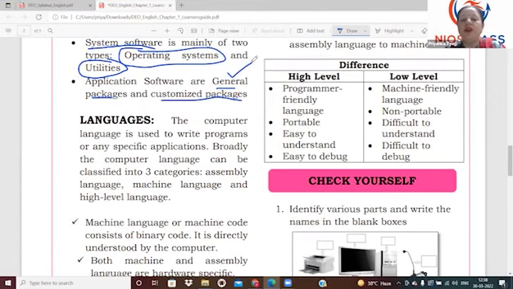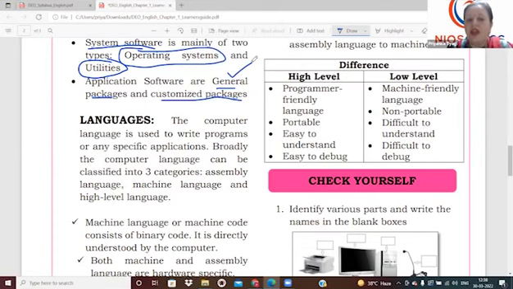Now next is languages. After software, what are languages? If you want to generate software, definitely you have to use a technology to generate different kinds of source code or programs, and that is possible through computer languages.